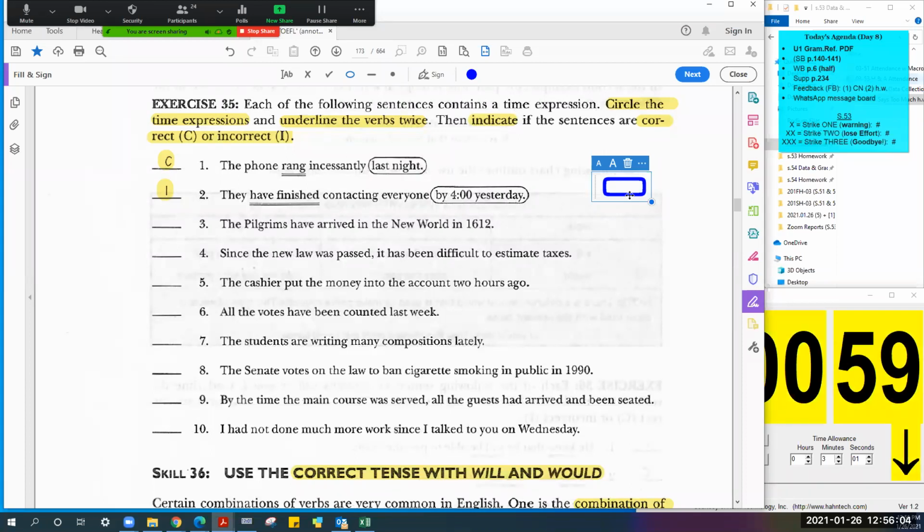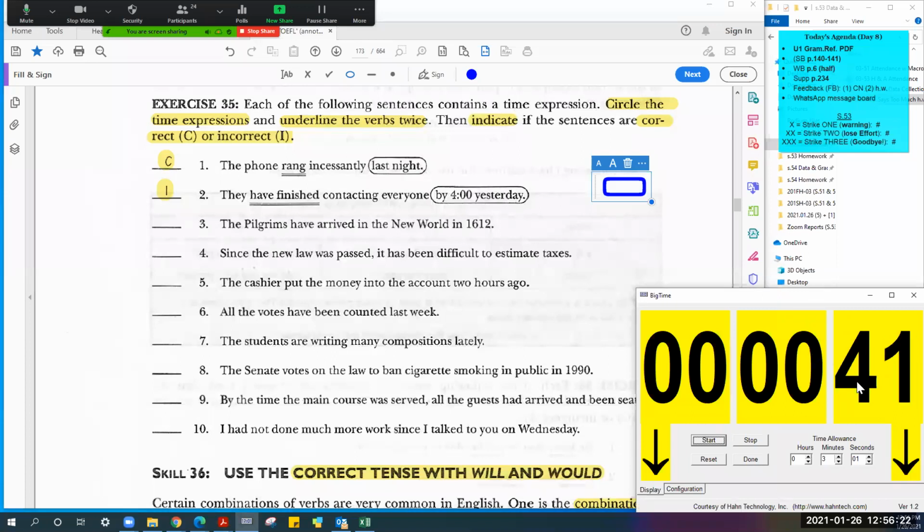One minute. Forty-five seconds. I think I'll stop when it gets to 30 seconds, okay? Thirty seconds. Stop now.